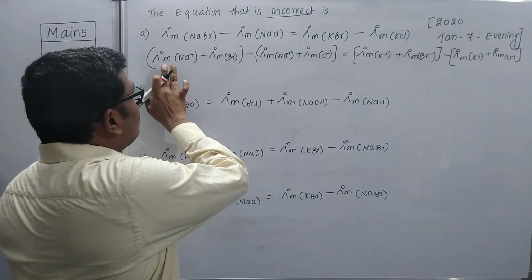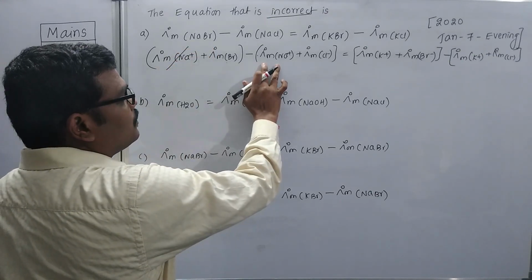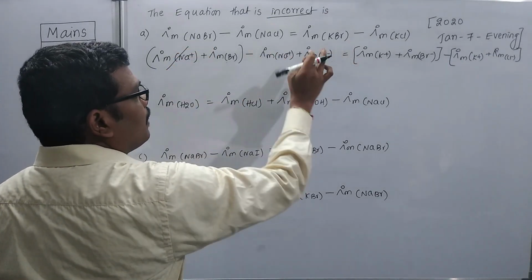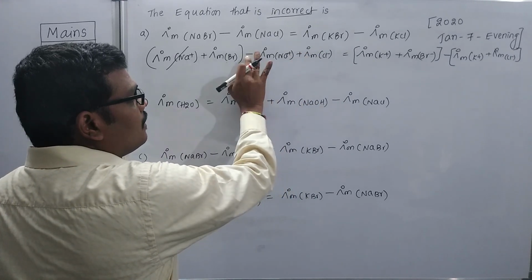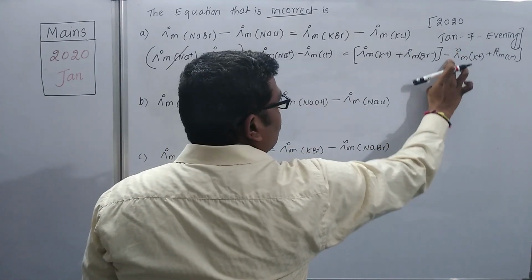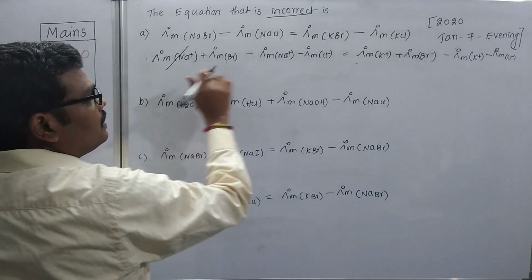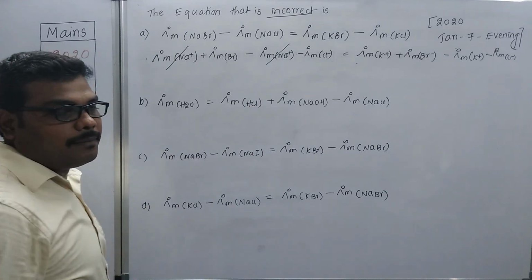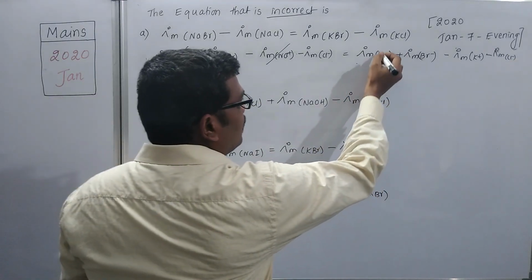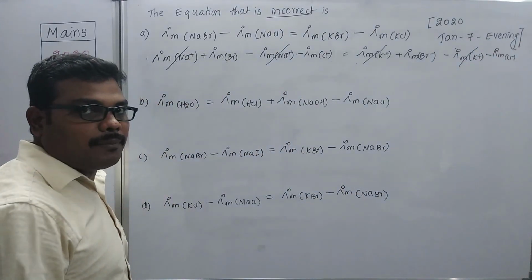Here, it is plus lambda naught M of Na+ and it becomes minus lambda naught M of Na+, as I change the sign: minus of plus becomes minus. Here also minus of plus becomes minus. Lambda naught M of Na+ minus lambda naught M of Na+, and lambda naught M of K+ minus lambda naught M of K+ will be cancelled.